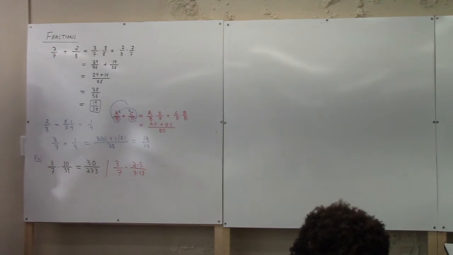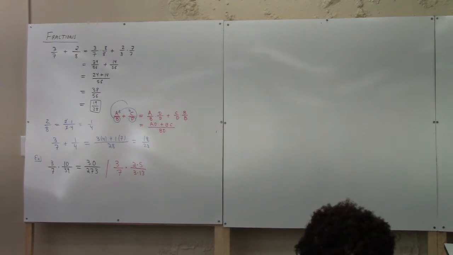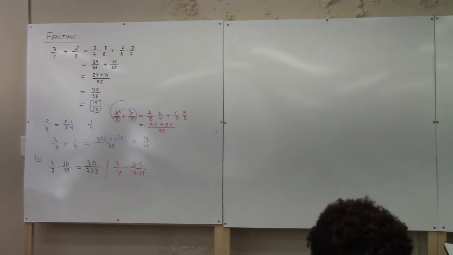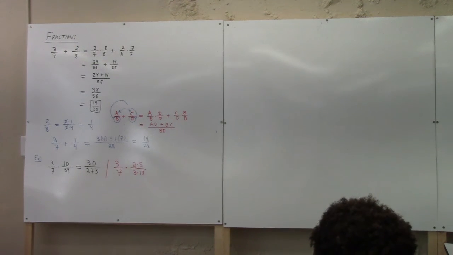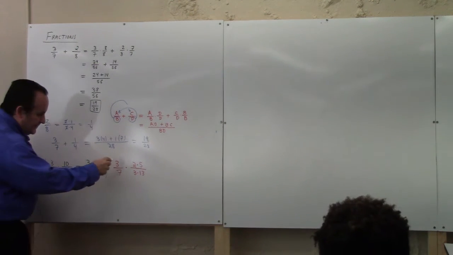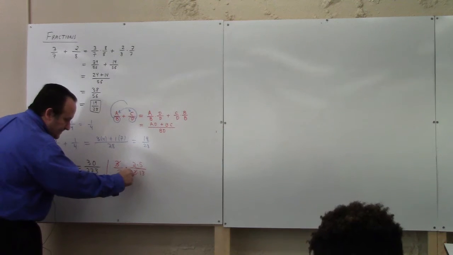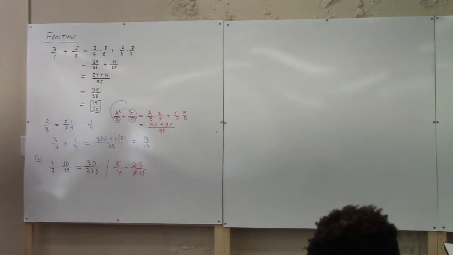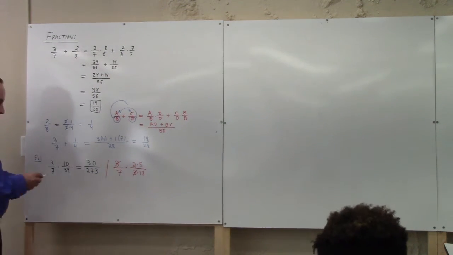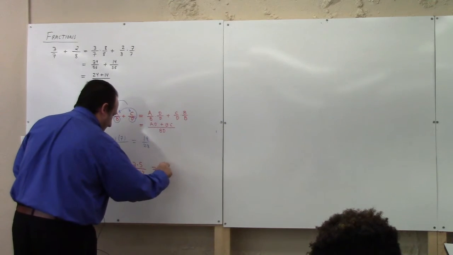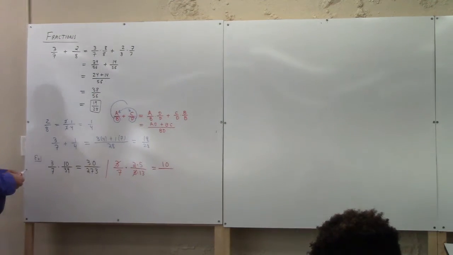So you see, to make life easier, I could have thought about the prime factorizations of the numbers, and I could have taken the preemptive step of canceling any like factors before I multiplied. That would have made my life easier, wouldn't it? See, the 3 here and here cancels, right? And I'd actually just get what? 10 over, what's 7 times 13?